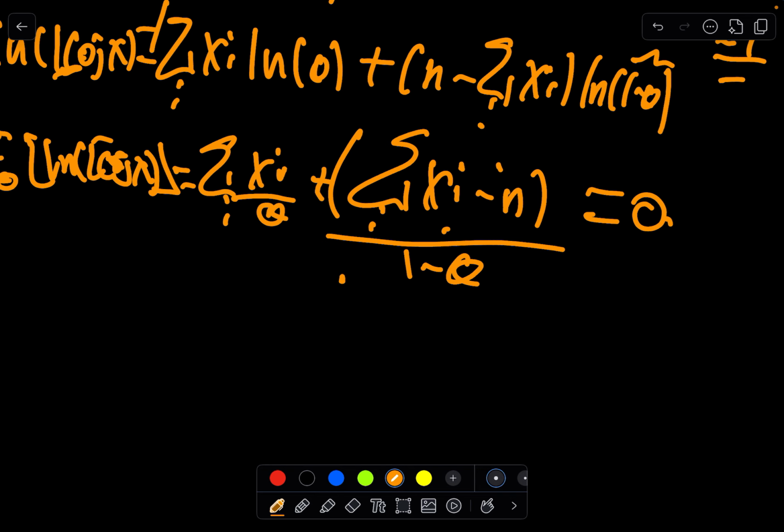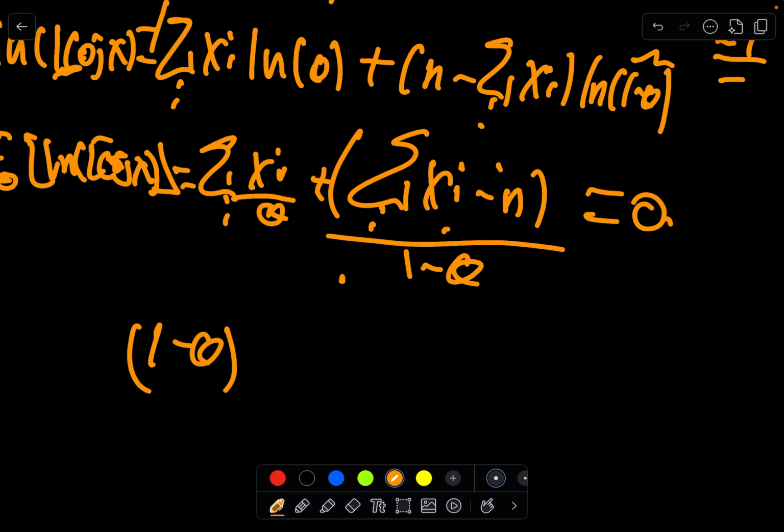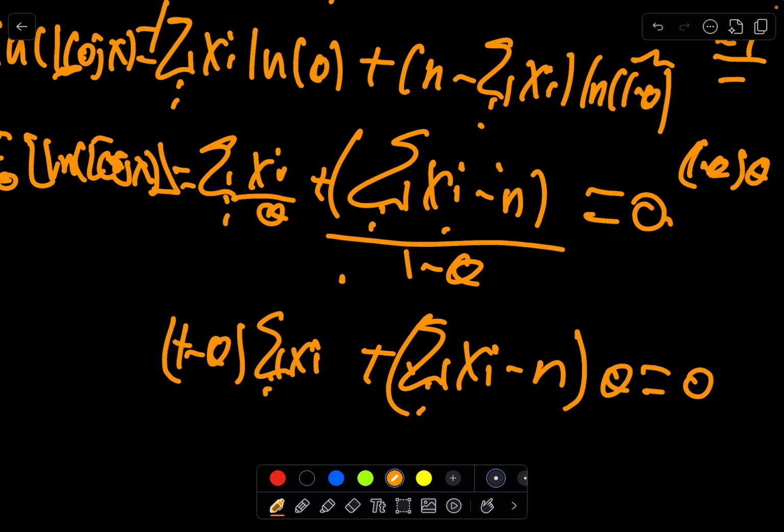Let me multiply both sides by 1 minus theta times theta. So I get 1 minus theta times the sum of x_i, plus the sum of x_i minus n, times theta, is 0.